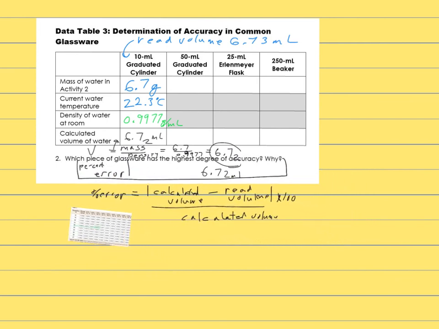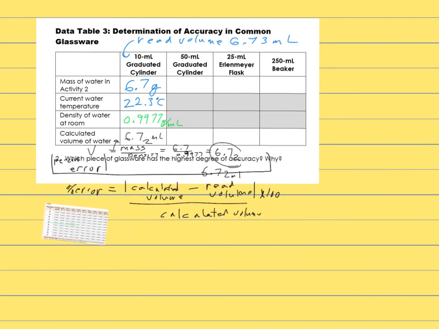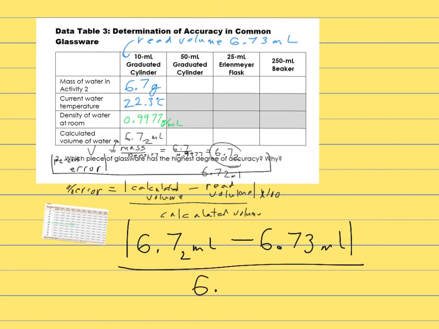So for this experiment, we had a calculated volume of 6.7 sub 2 milliliters minus a measured volume of 6.73 milliliters. We're going to take the absolute value of that difference. Then we divide by our calculated volume, 6.72, and multiply by 100. We're going to get a very small difference here, 0.01.